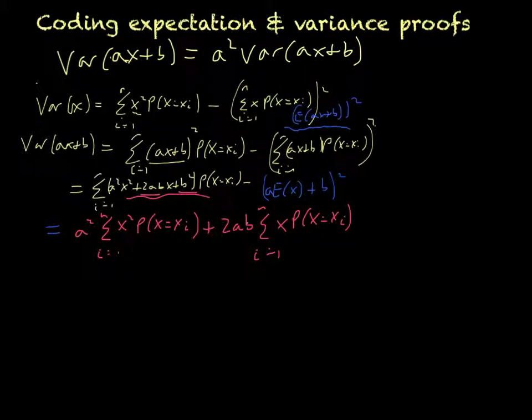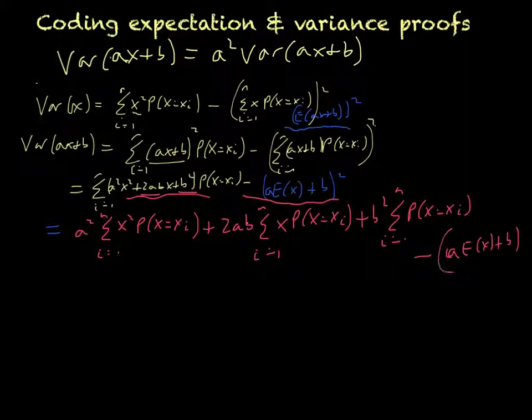And we've got our b squared term here as well. So plus b squared sigma p of x equals xi, i going from 1 to n. And this is all subtracting our statement here. So minus our a E of x plus b all squared.